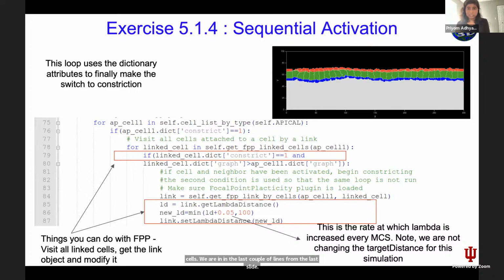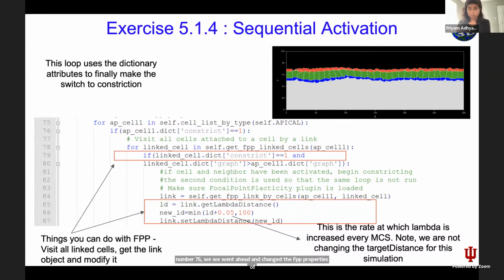And we were using the dictionary attribute of cell to mark the cells that have been passed by that wave. Once we have collected the cells that have been passed by that wave using the attribute of constrict, as in line number 76, we went ahead and changed the FPP properties of these specific cell groups.